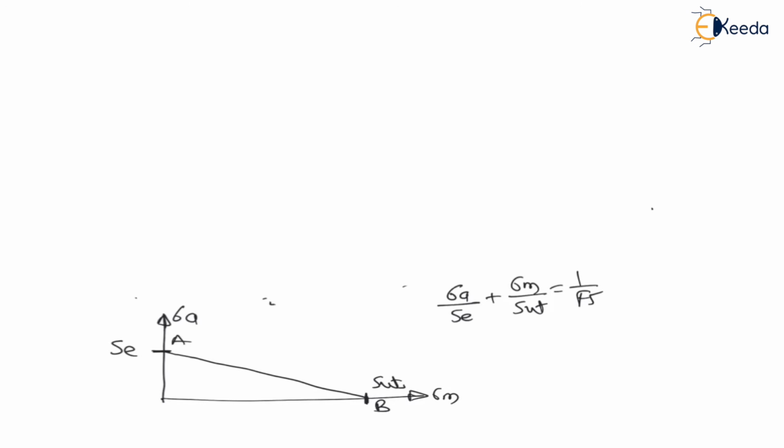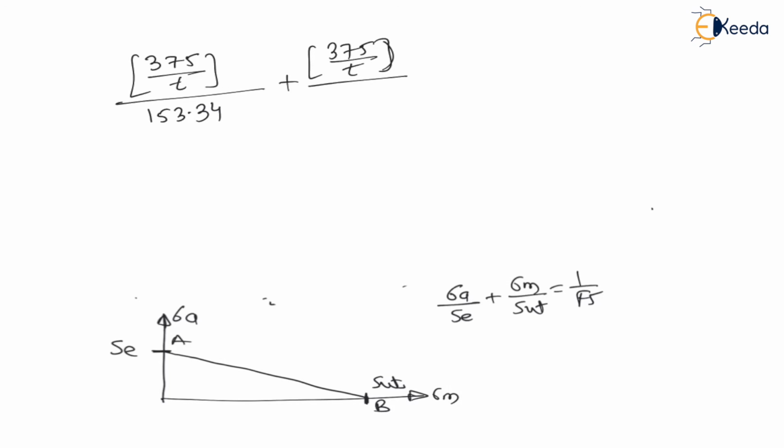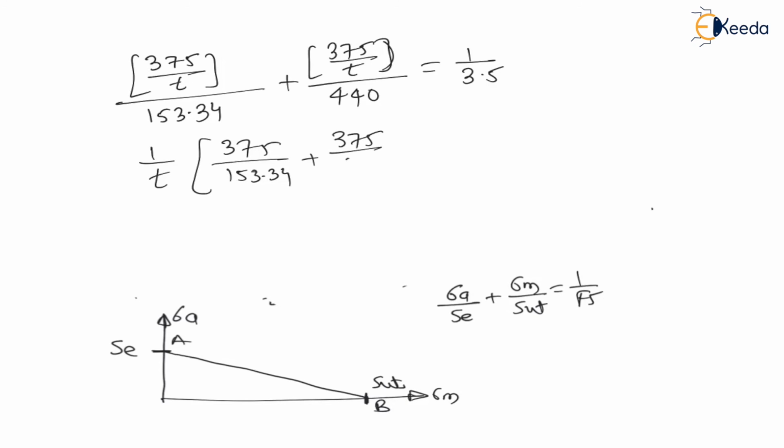Sigma A is 375 divided by t, divided by Se, which we calculated as 153.34, plus sigma M, again 375 divided by t, divided by SUT, which is 440, equal to 1 upon factor of safety 3.5. Taking 1 upon t common, in the bracket there will be 375 divided by 153.34 plus 375 divided by 440, equal to 1 upon 3.5, and solve for t.